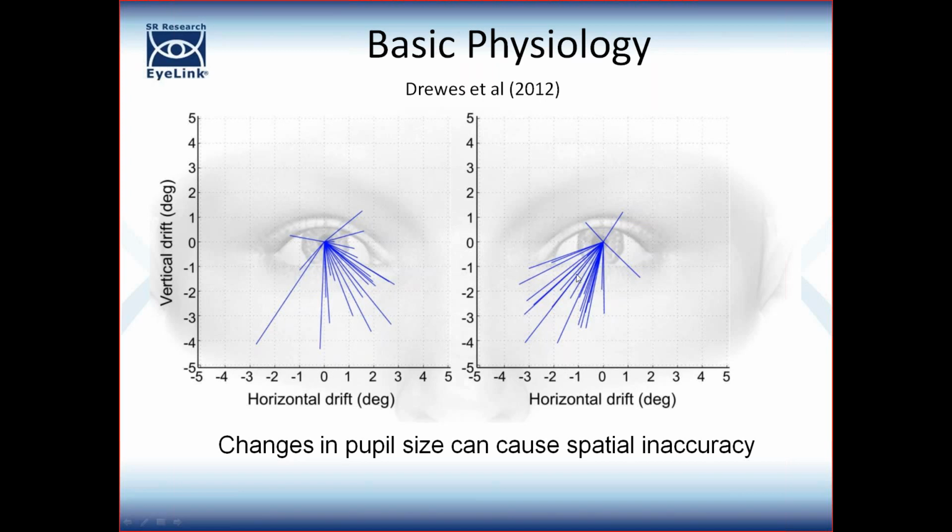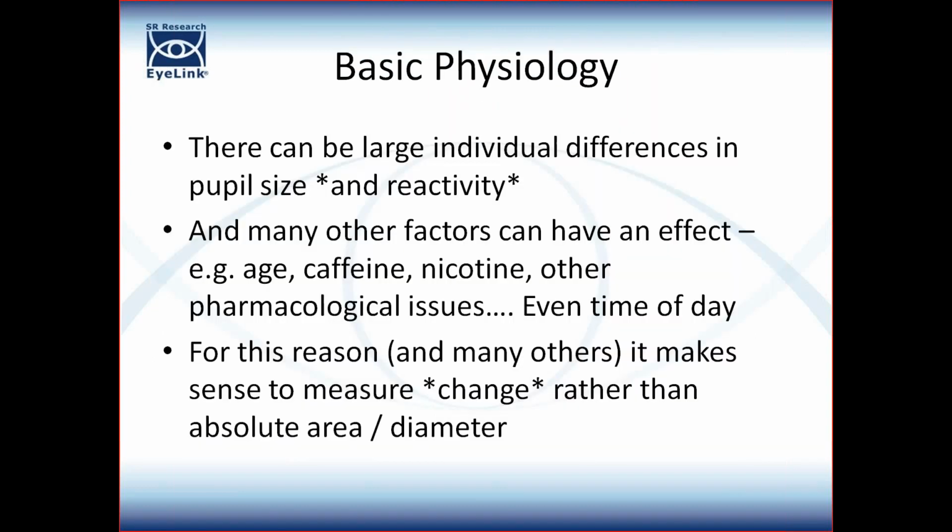But you can see there's individual differences, but there is a relatively consistent pattern for the errors here to be downwards and inwards, presumably because the pupil's dilating upwards and outwards. I can't remember if this is dark minus light or light minus dark, but the point is the same. Changes in pupil area can have a small impact on reported gaze.